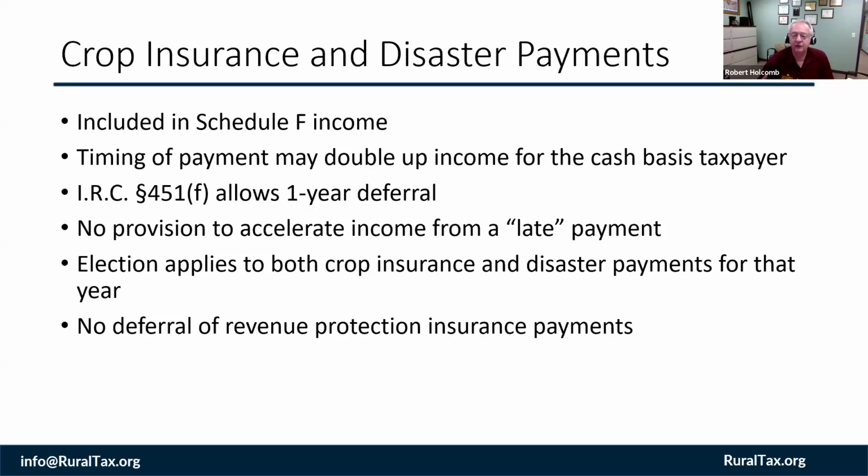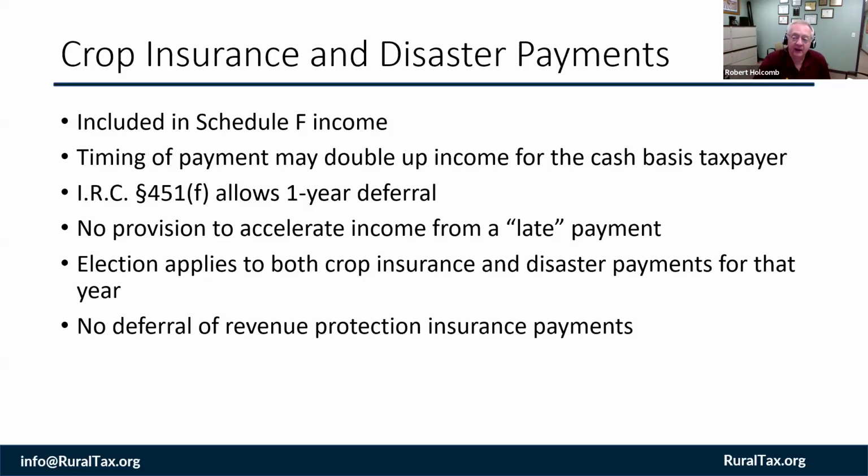Now, if you get a payment late, let's say, for instance, that you had damage to your crop in 2024, you met with the crop insurance agent, you got a claim, but the payment doesn't show up until early 2025.